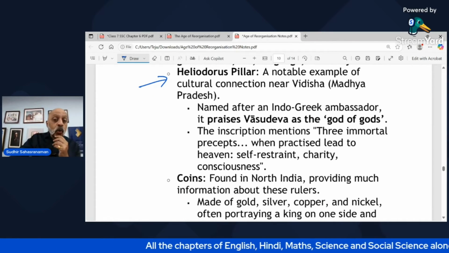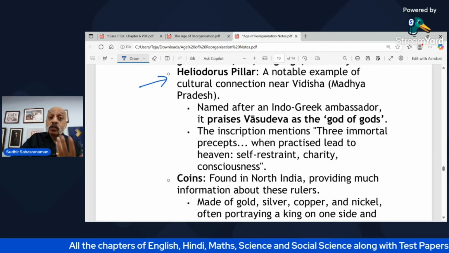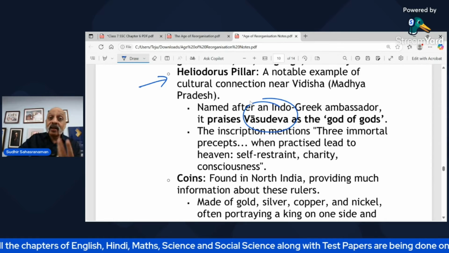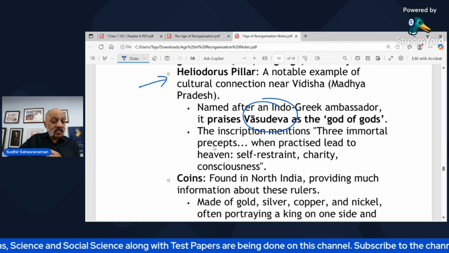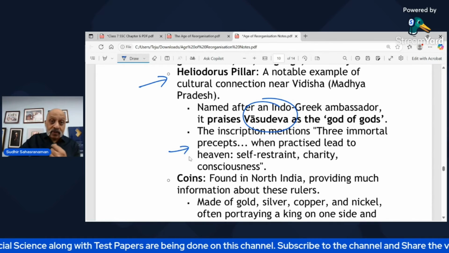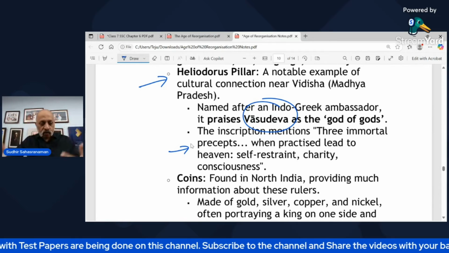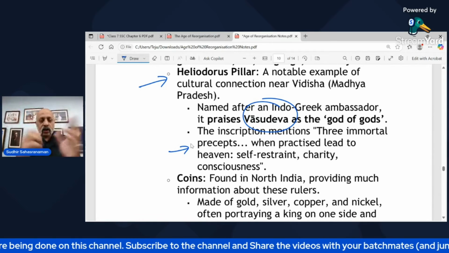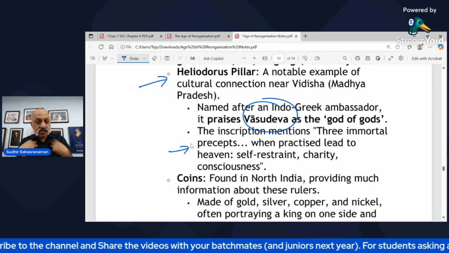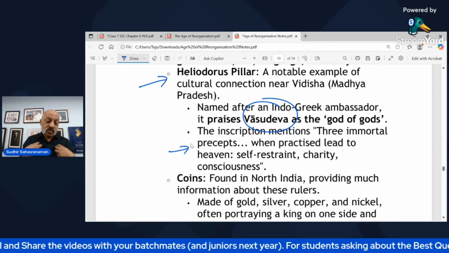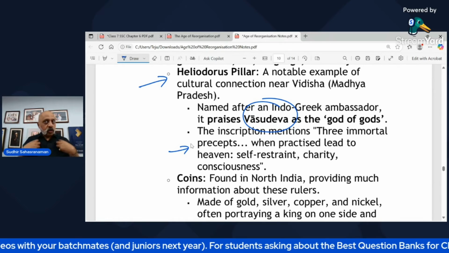Named after an Indo-Greek ambassador, it praises Lord Krishna. Vasudeva is another name for Lord Krishna as the god of gods. What does the inscription say? Three immortal precepts. Precepts are a form of literature, when you write them on a particular stone. When practiced, they lead to heaven: self-restraint, charity, and consciousness, which means that you restrain yourself.